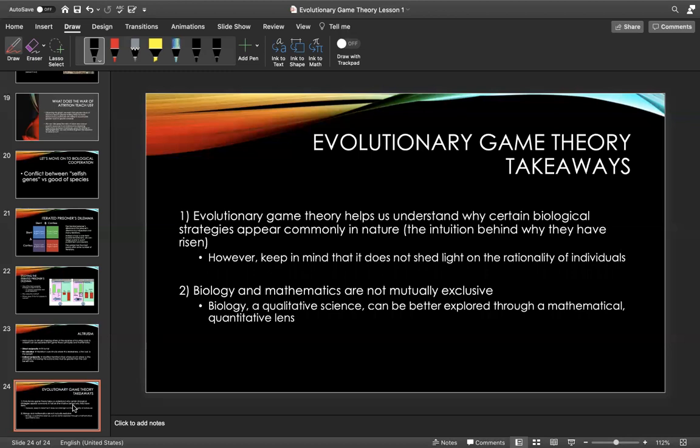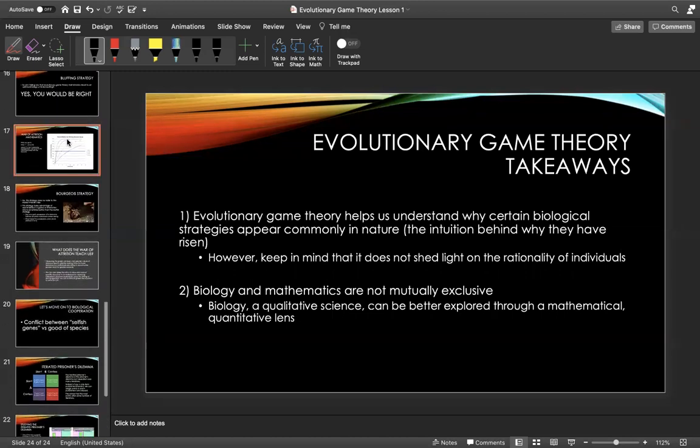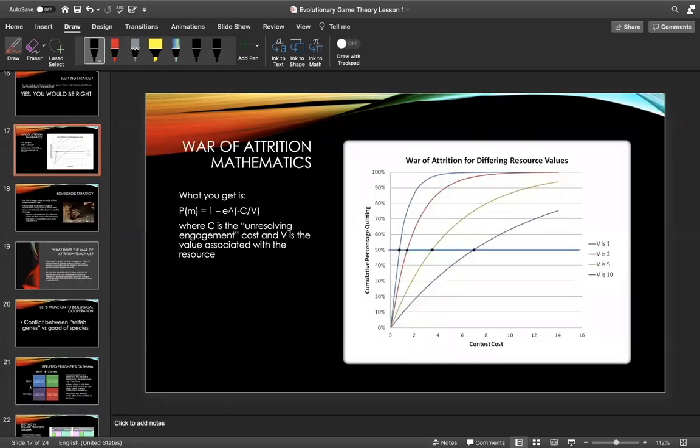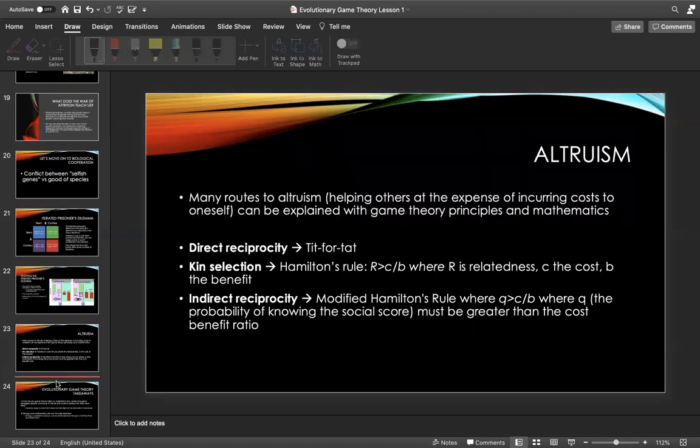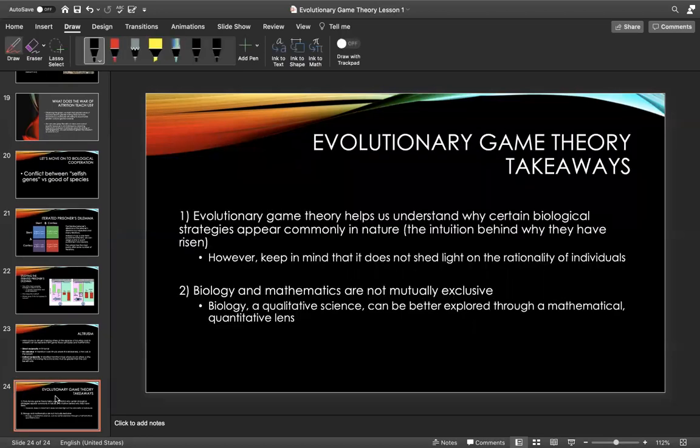By using math, you're able to quantify things in a way that allows you to perform simulations, perform experiments, see things like value over cost, and then use your qualitative observations to see what's happening in terms of cost and value. So that's why using evolutionary game theory can lend a lot of insight into the structure of biology.